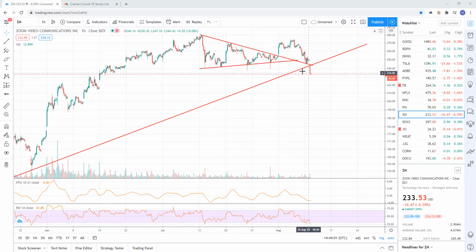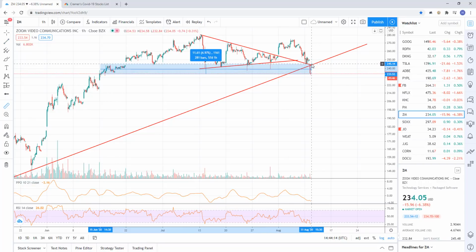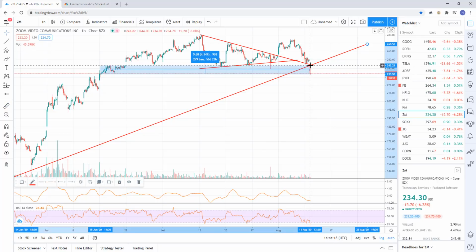And this move right here, you can see, has pretty much trapped all this money, going all the way back to right about here, which is roughly 56 trading days.